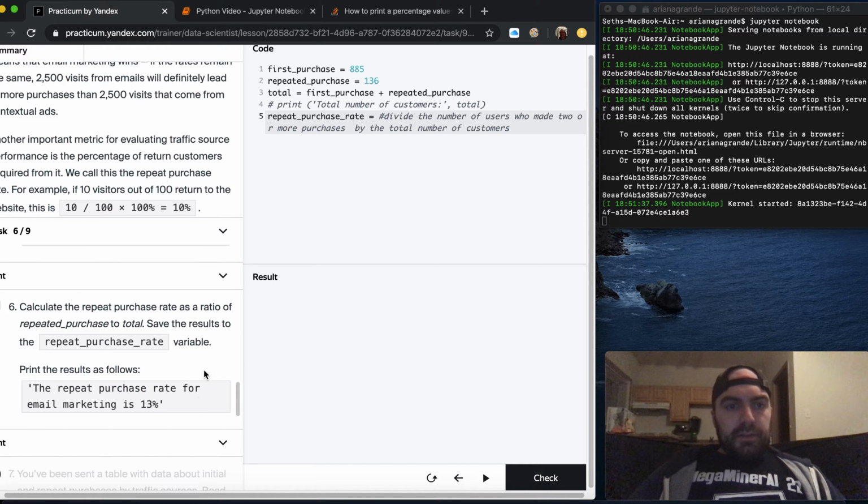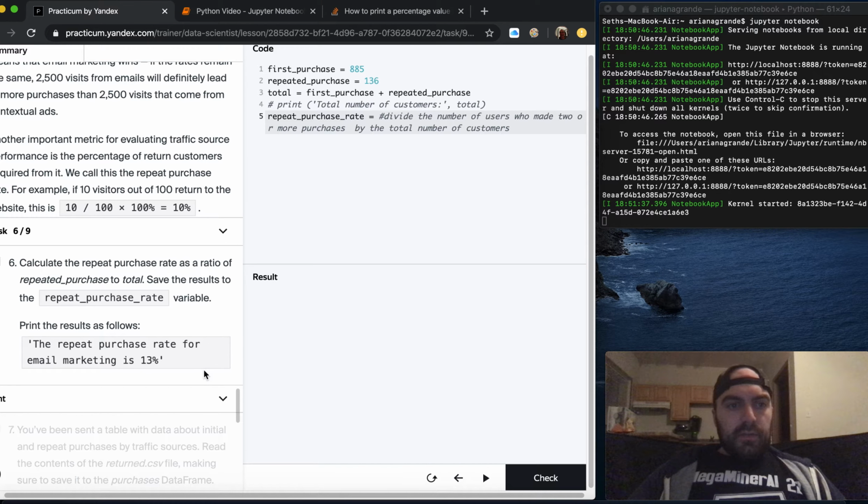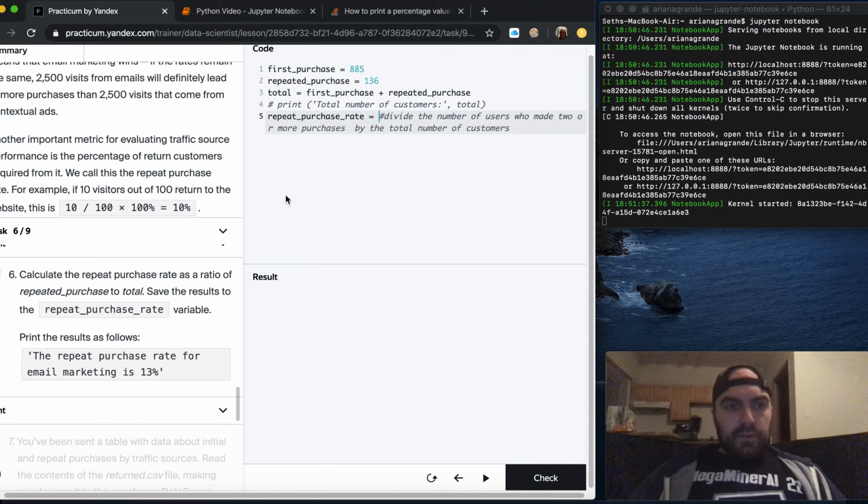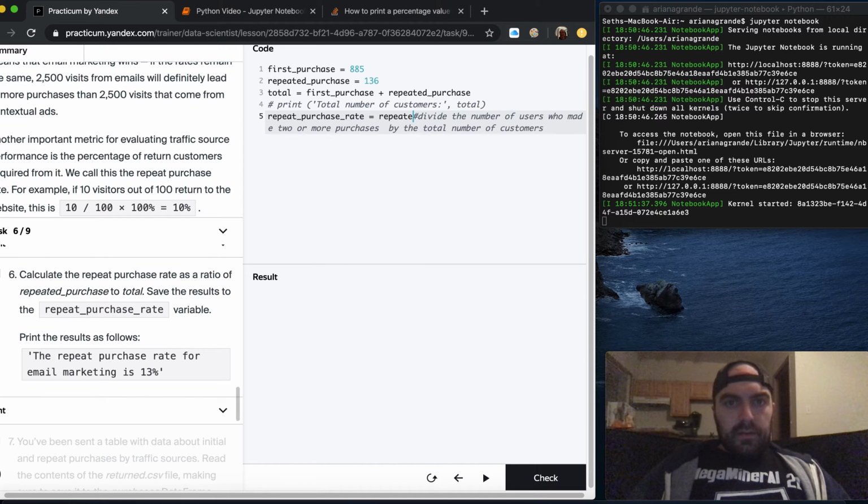Calculate the repeat purchase rate as a ratio of repeated purchases to total. Save the results to the repeat purchase rate variable. So this is going to be equal to repeated purchase divided by total.